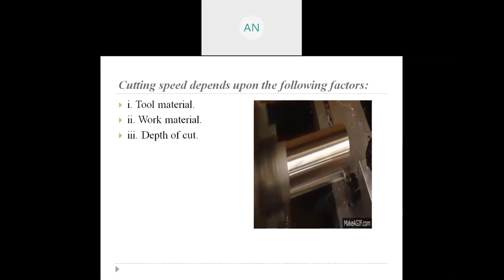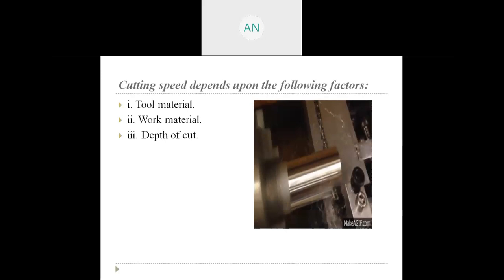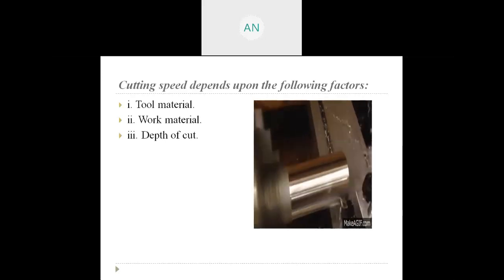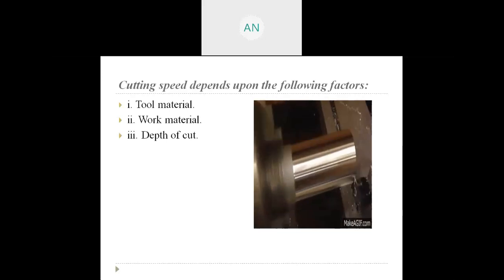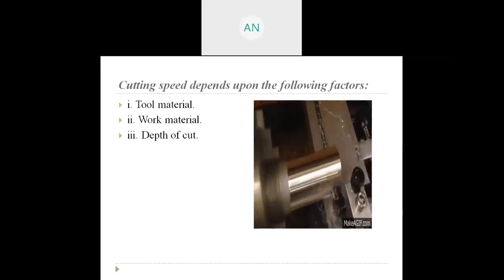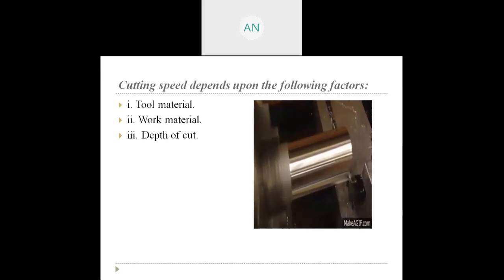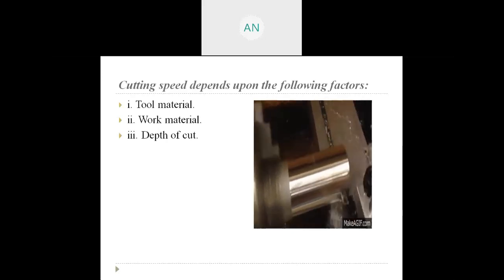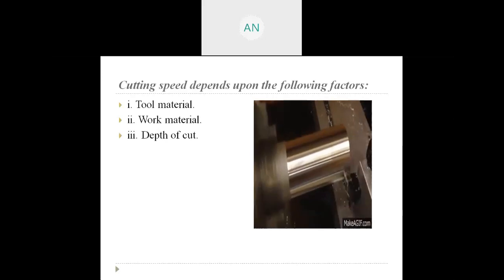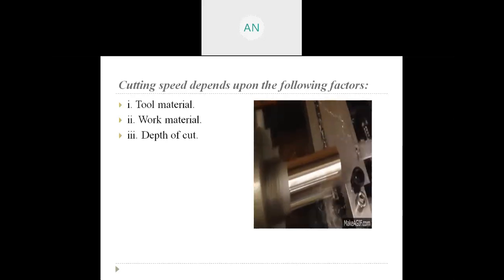Followed by this, you have the feed, how much you are going to feed against the job. Depth of cut is the amount of material removed from the raw material in order to turn it into a finished good or finished job.